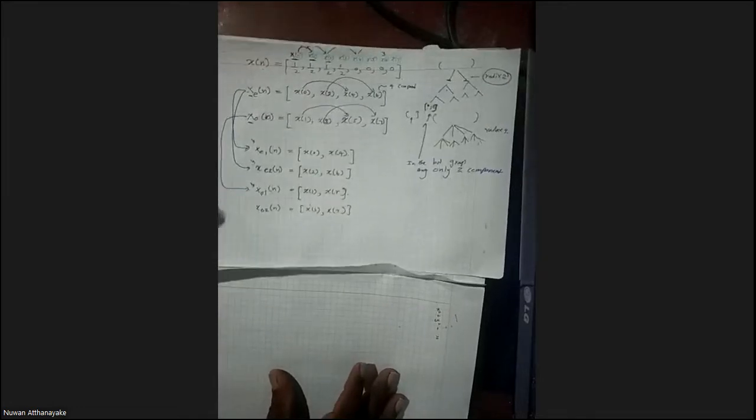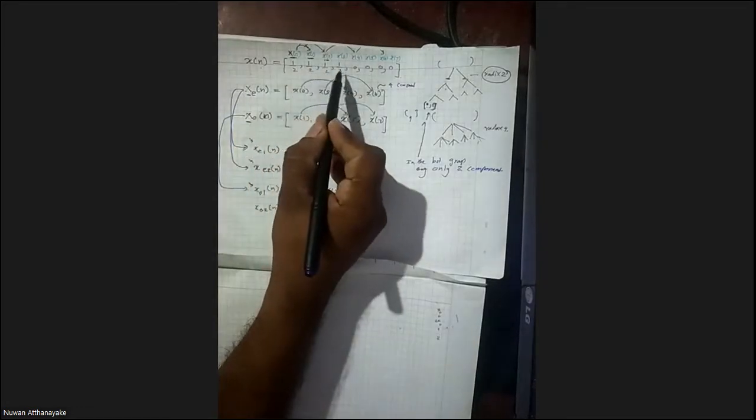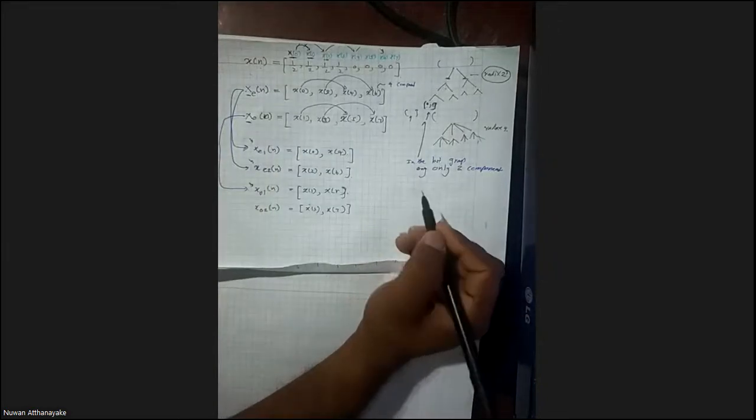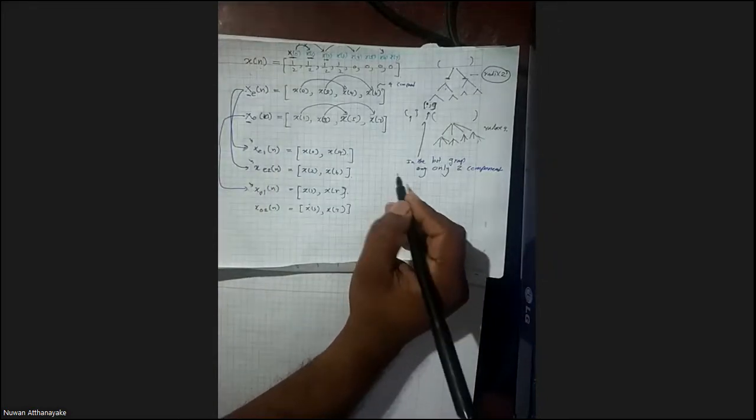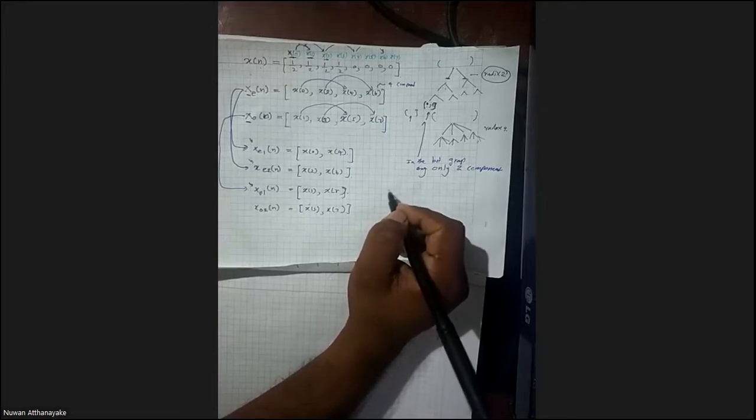Now you can see that we have 8 points. So the next step is we are going to draw the signal flow graph. In the signal flow graph, we have 8 components, so we will end up with 8 parallel lines.